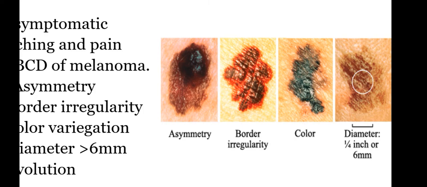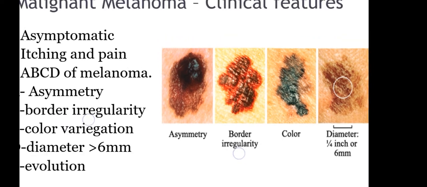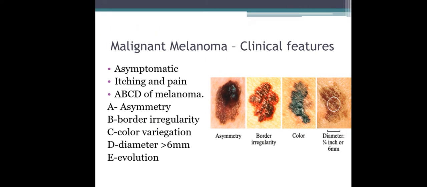This entire diameter will be more than 6 millimeter. Now E for evolution. It will evolve in size. It will increase in size from the stage of its diagnosis. So all those are the features to differentiate it from a benign nevus.